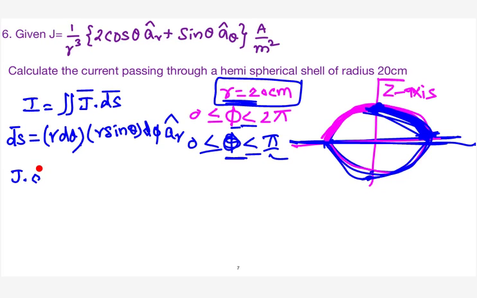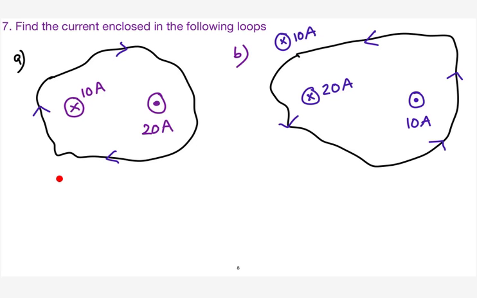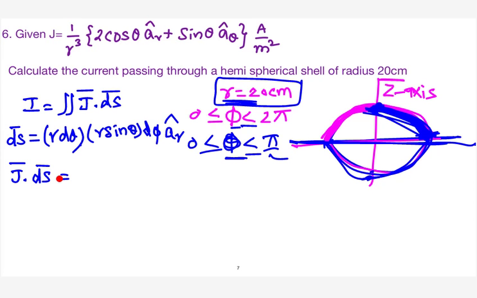So what is the dot product right now? J dot dS is equal to, in the given expression J, your a theta term can be neglected, because when you take J dot dS, one component is ar dot ar, which gives a finite value.